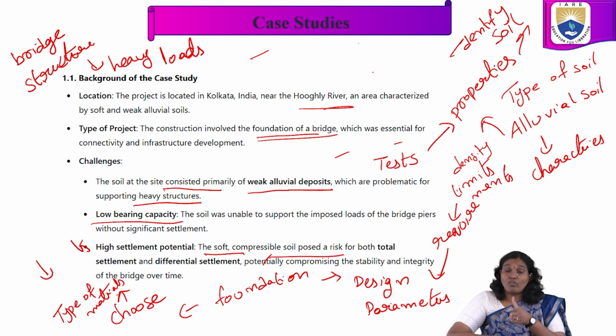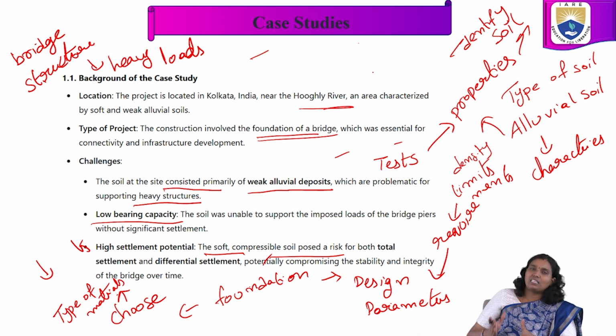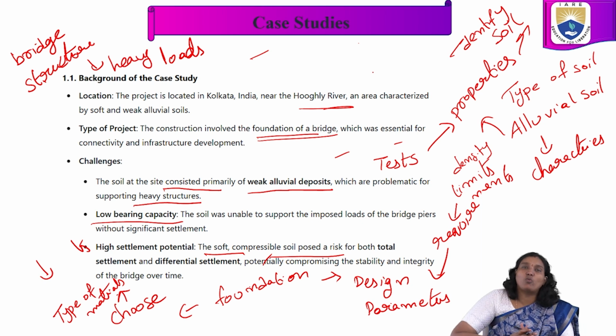That's why we do the analysis. After that, we implement ground improvement techniques for this particular case study. These are the major challenges we observe from knowing about the location and the type of soil.